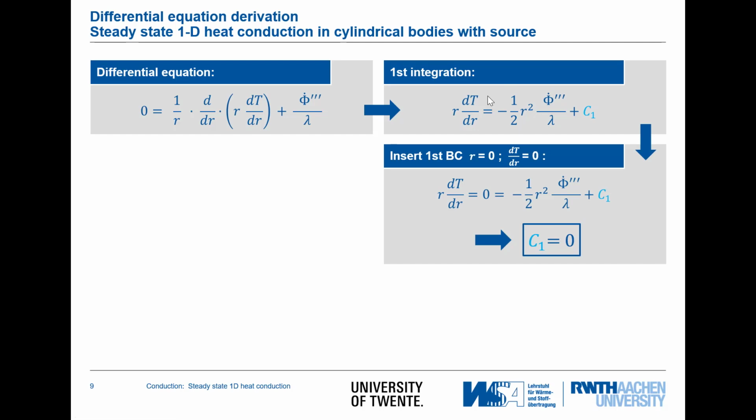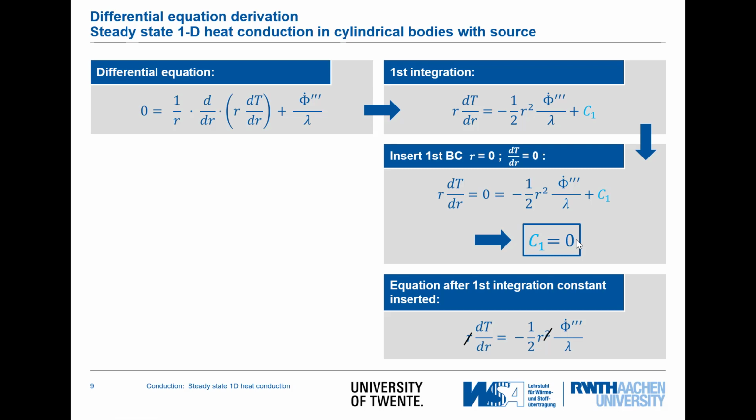Because one of the boundary conditions is the condition for the gradient. We can utilize that at location r equal to 0, the temperature gradient dT/dr is equal to 0. If we do so, we can directly notice that the constant C1 is equal to 0.